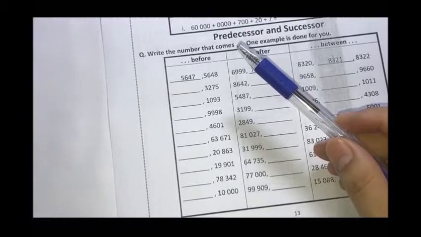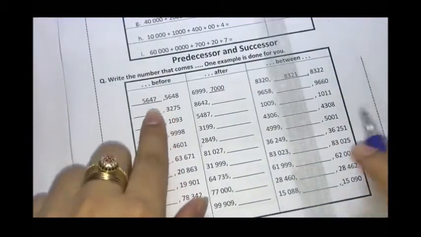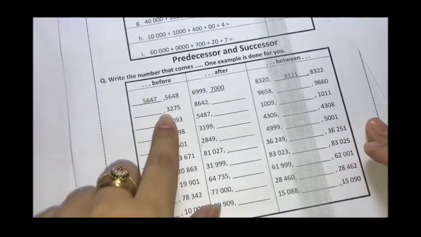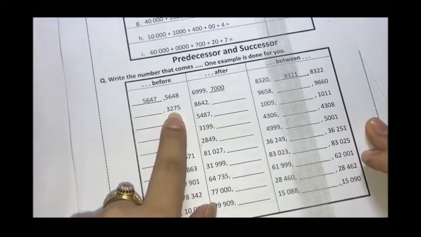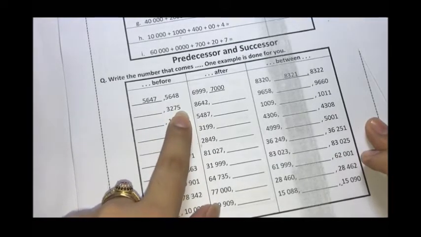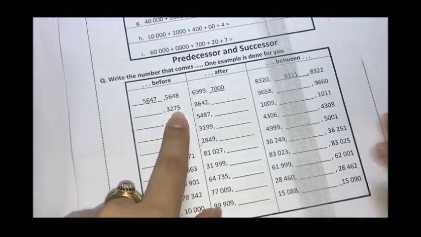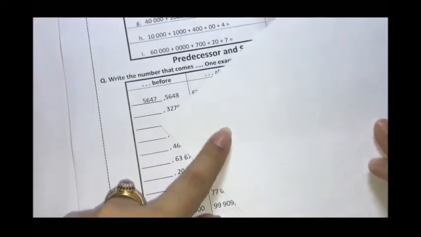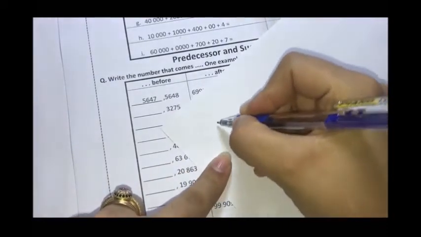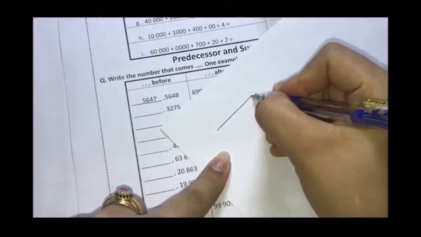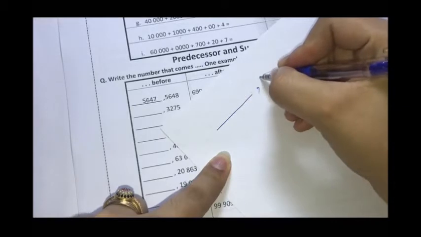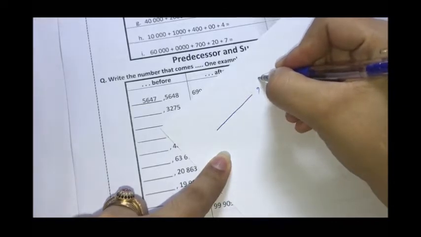For example, to write the number that comes before 3275, we will subtract 1 from this number.